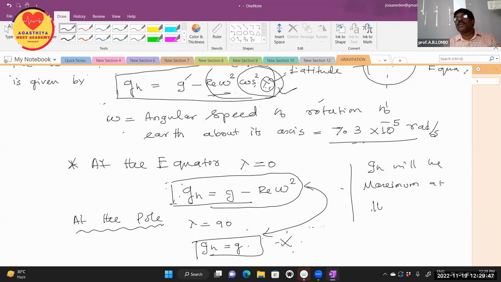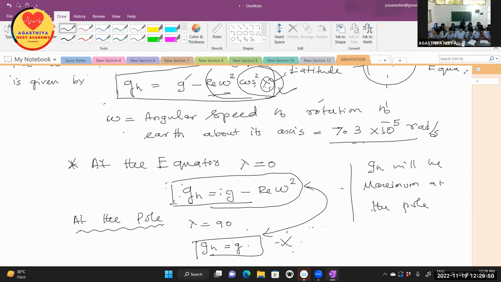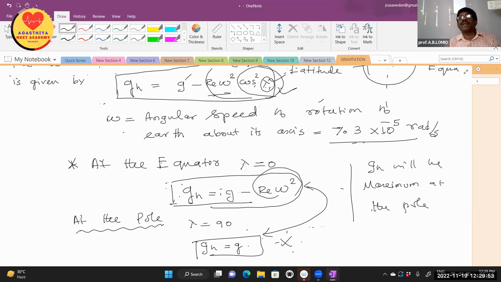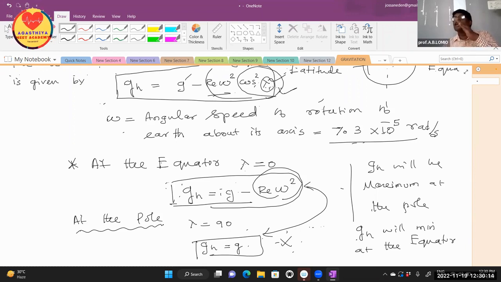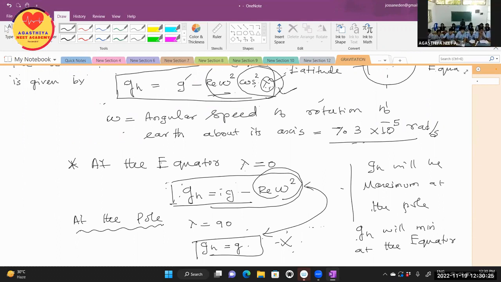At the equator, some quantity is subtracted from g, therefore automatically this value is reduced. g h will be minimum at the equator. Equator minimum, pole maximum. At any other point, the value lies between minimum and maximum. Understand, students? So, kindly note down these points.